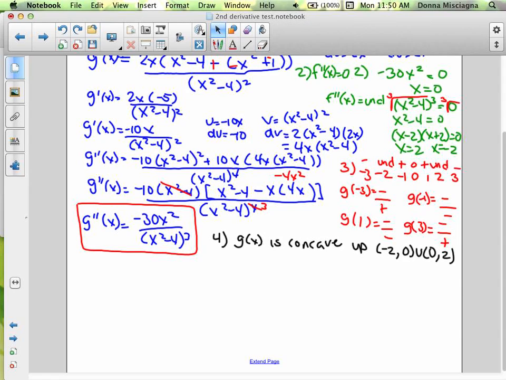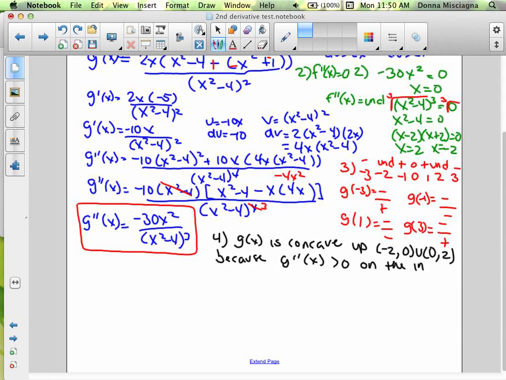All right, so g of x is concave up on negative 2 to 0 and 0 to 2, because g double prime of x is greater than 0 on this interval. Actually, let's be really specific.